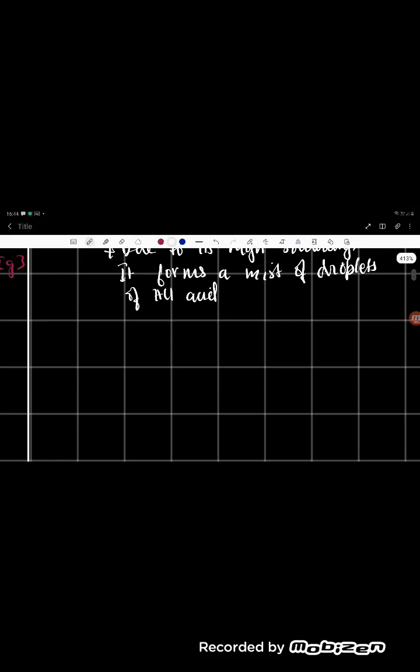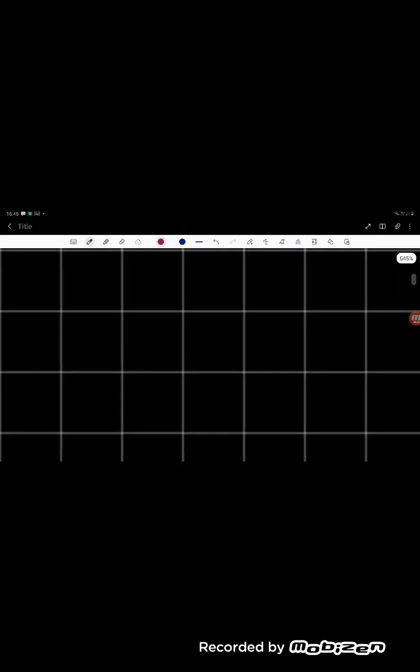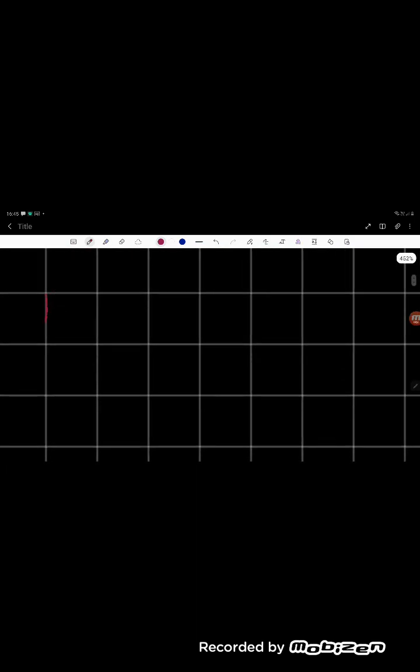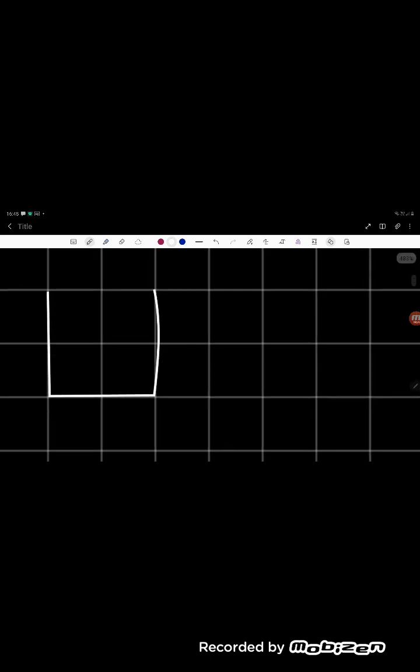Now let's talk about another part. There are two experiments, one to show dry HCl gas is heavier than air, and the fountain experiment. I'll show you guys by drawing it. Now this comes under the physical properties. Let me use this white pen color to draw a box.